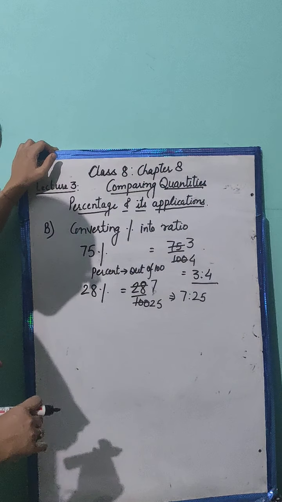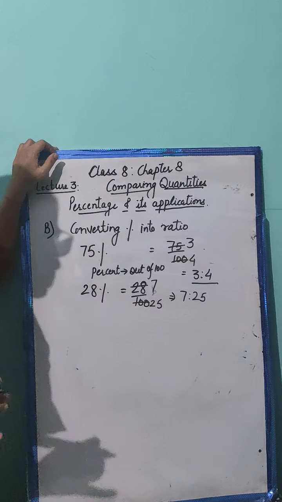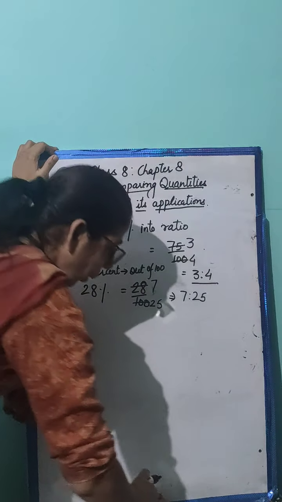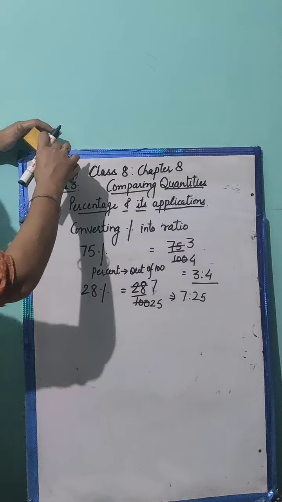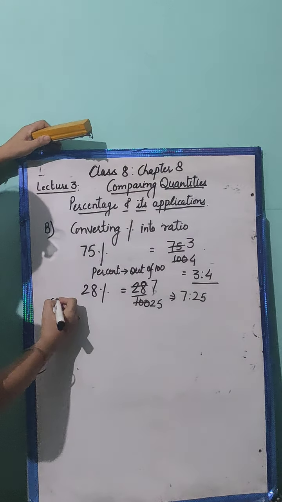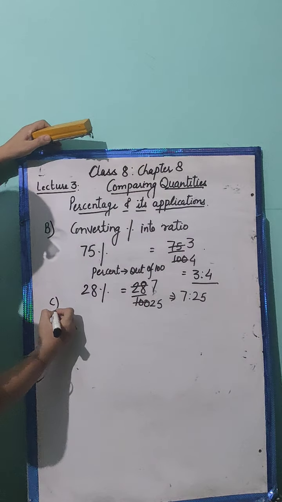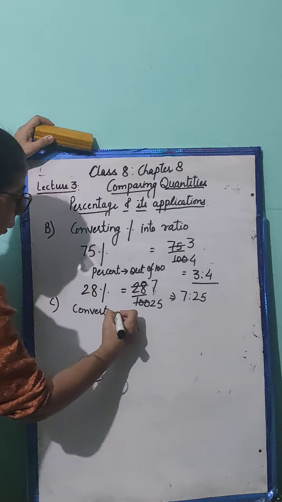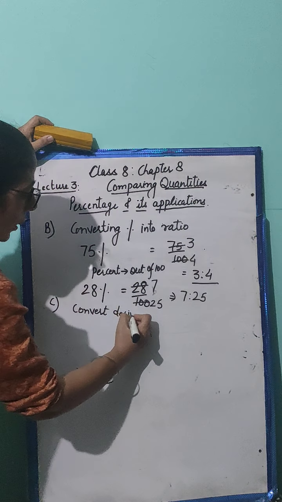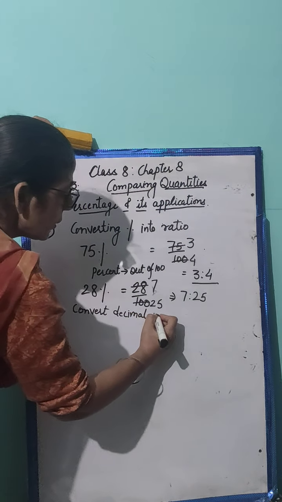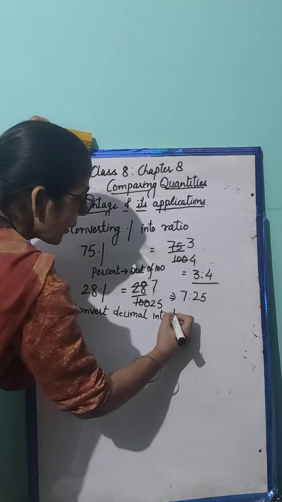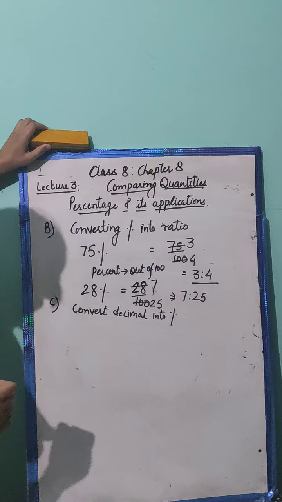Right? If we have to change decimal into percentage, how should we do it? I am teaching you all the different things. Convert decimal into percent. We have done these things in our earlier classes also.